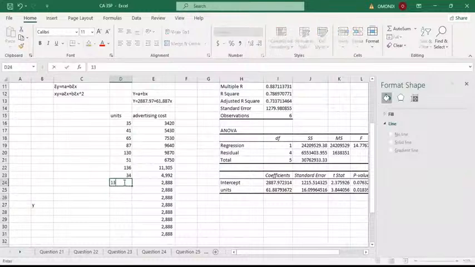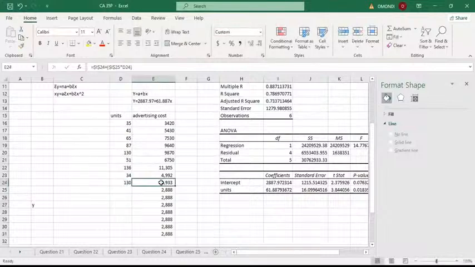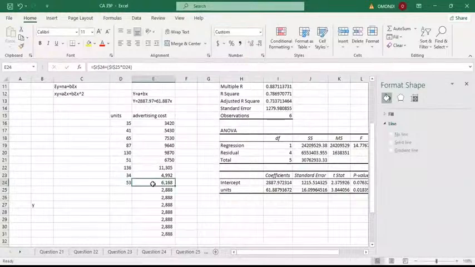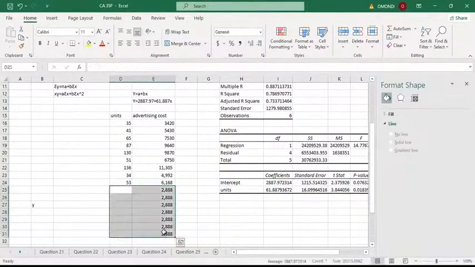If I have 130 units, of course, it will not be the same, because whatever I have here is the average of all the observations. I have 10,993. If I have 54 or even 53, that will be now the total advertising cost. So that is what you are expected to do, or that's what you are supposed to know with regards to regression analysis.